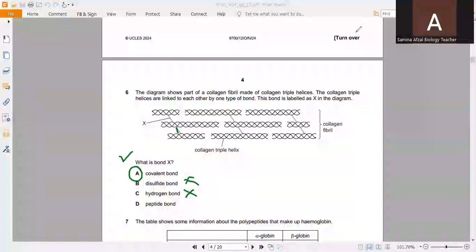They are not the bonds that link the helices together in the fiber. So in this way, only A is the correct option, which is covalent bond. The others exist, but they are not performing the function; they are not the cross links between these three helices.